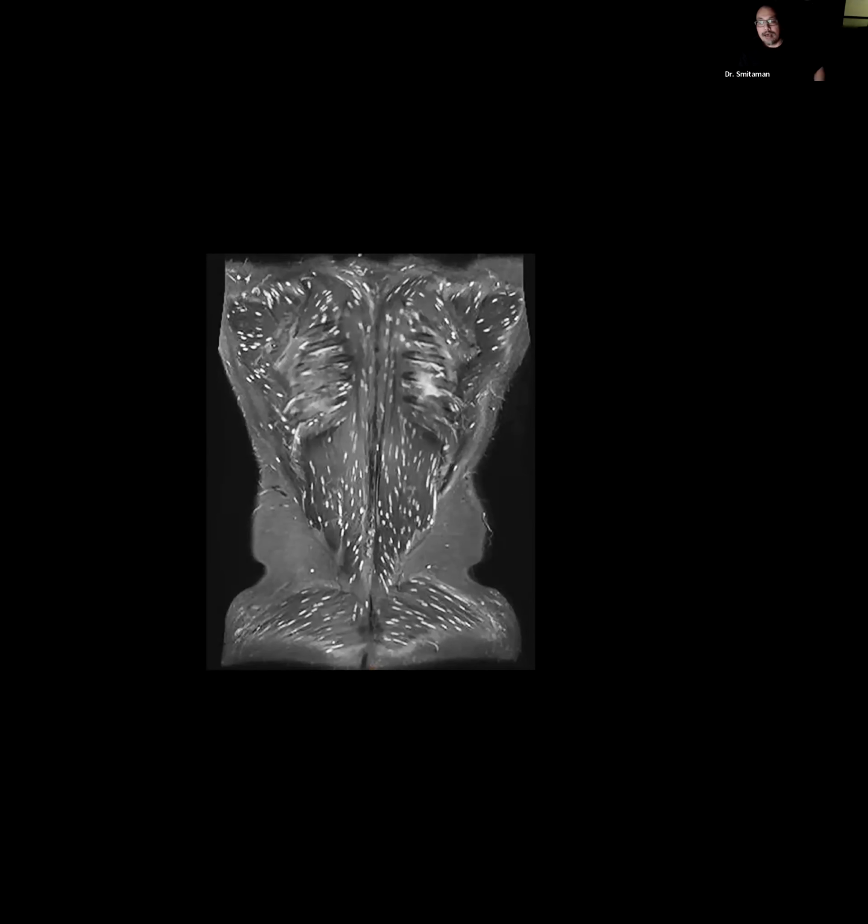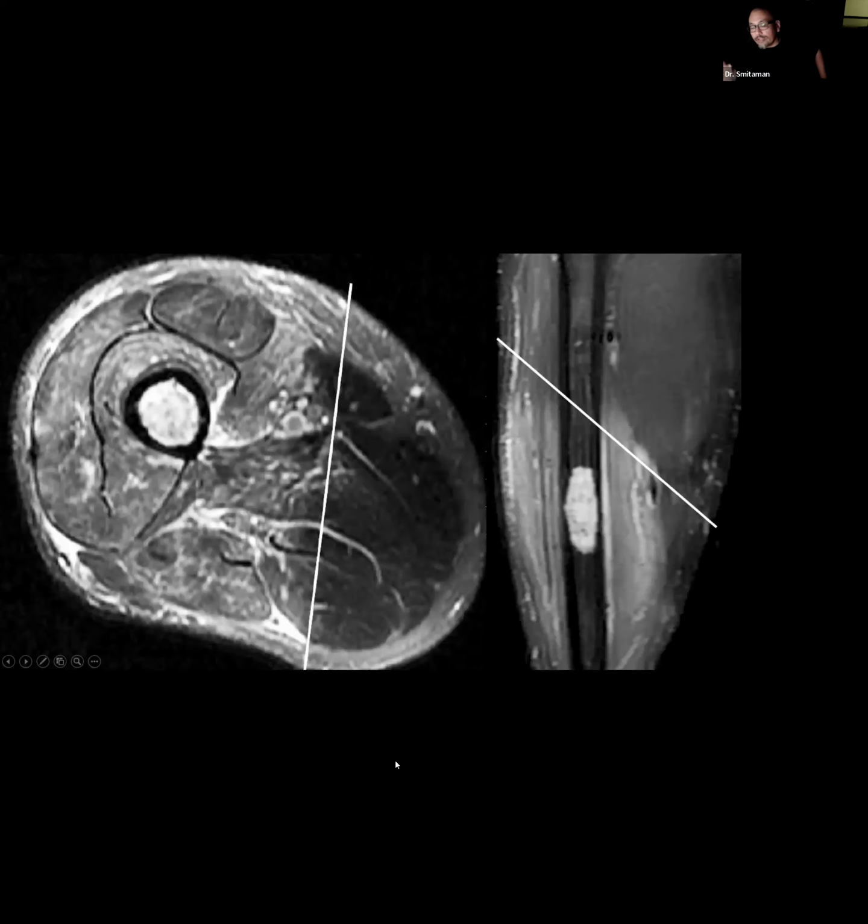So this is just a nice case, I thought, of an MRI of cysticercosis involving the back muscles and also obviously the gluteal musculature. But notice how these T2 bright signals are longitudinally oriented along each muscle fiber. Okay, so cysticercosis.